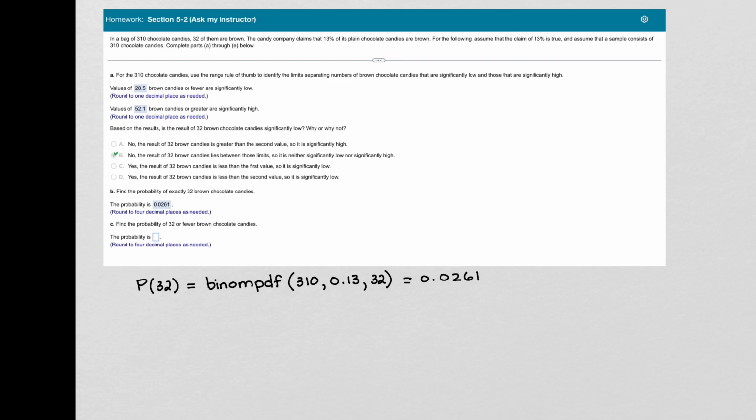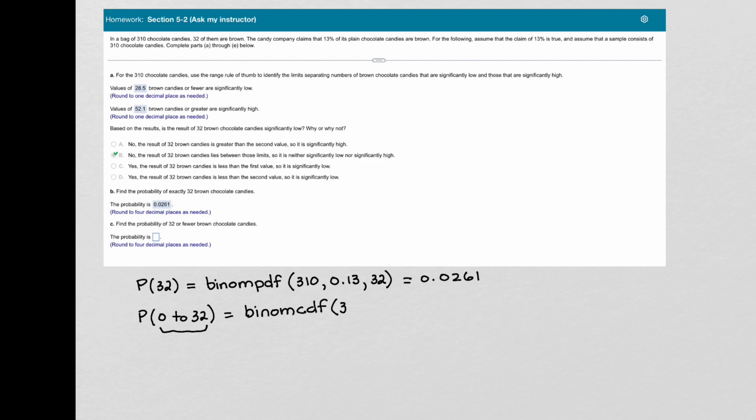Next, it asks for the probability of 32 or fewer brown chocolate candies. So now we're finding the probability of anywhere from 0 to 32 successes. Now, since this is a range of values, we're going to use the binom CDF function, the cumulative function.